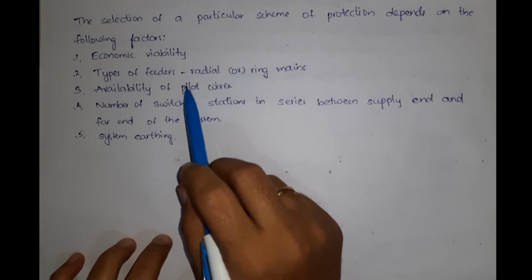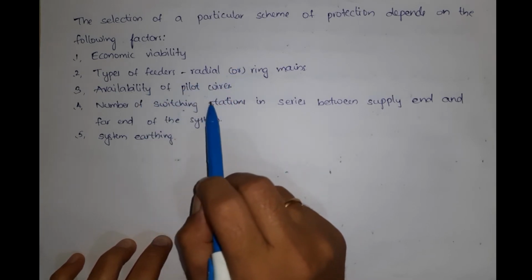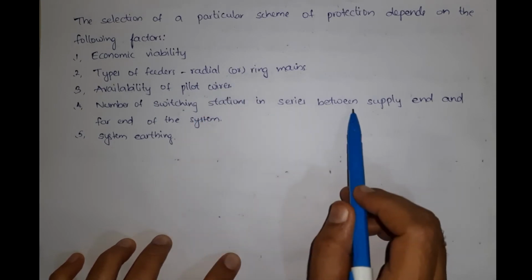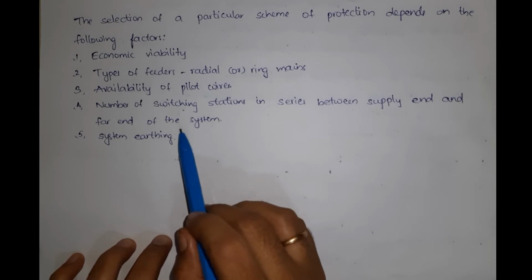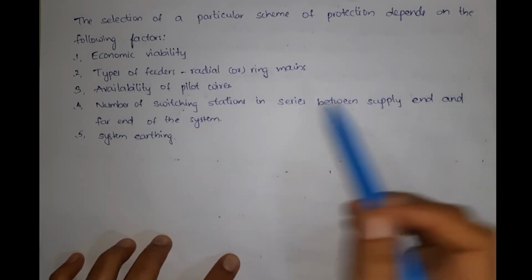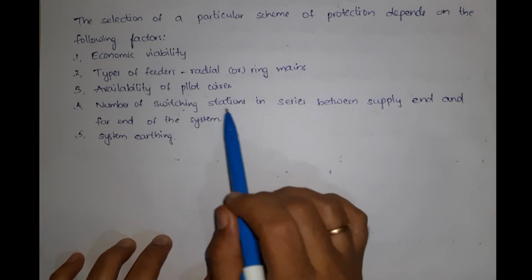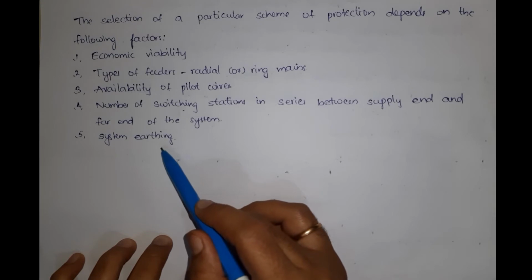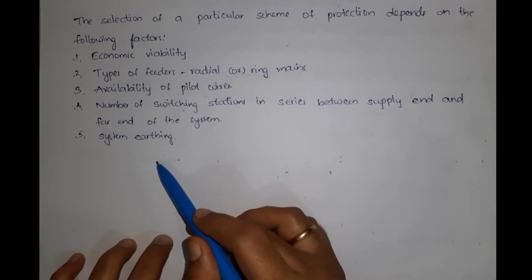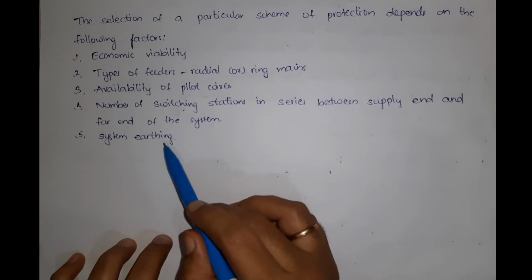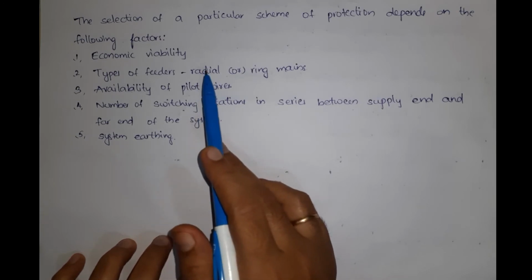That depends on this factor, availability of pilot wires. The next one is the number of switching stations in series between the supply end and the far end of the system. How many switching stations are there between the starting and ending of the system also affects the scheme of protection. The last one is system earthing, that is, whether the neutral is grounded or insulated. This also affects the selection of a particular scheme.